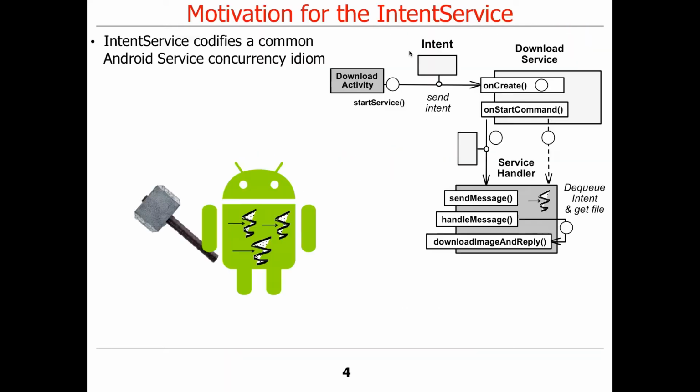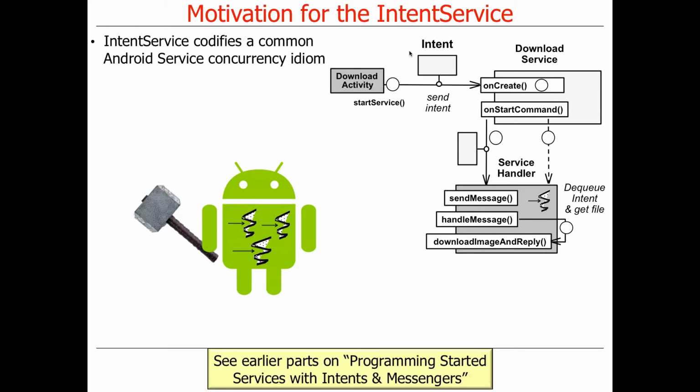Let's first talk about the motivation for the IntentService. As you might remember, when we talked about the download service from the previous class, there's a common idiom that Android uses in a lot of the code, a lot of the packaged applications and other things, that simplifies the way you process concurrency in a service.